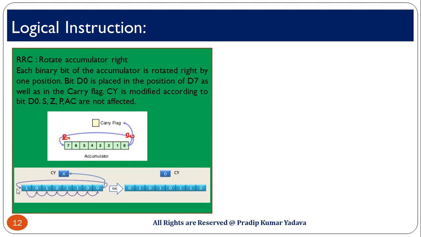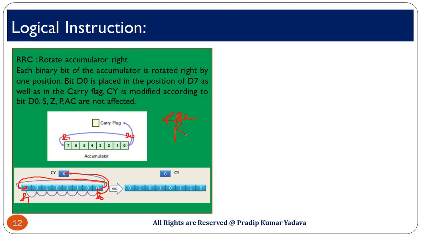In the second example, try to understand what is happening. This is the bit position. In case of RRC, you have to shift every bit one position to the right. This bit will be shifted into the carry, and this bit will shift into this position, this is D0. Suppose you have written RRC once.